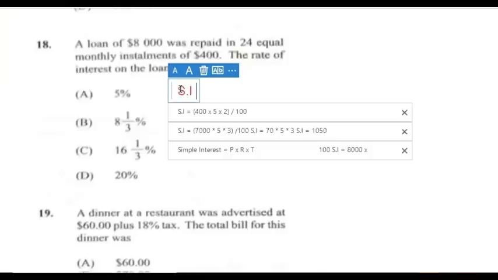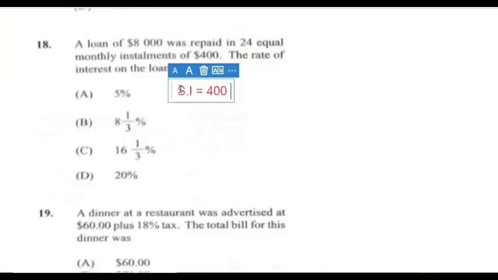So therefore, simple interest is equal to 400 multiplied by 24 monthly installments, and we will get 9,600. So therefore, simple interest is equal to the total sum of money that was repaid, which is 9,600 minus 8,000, and we will get 1,600.